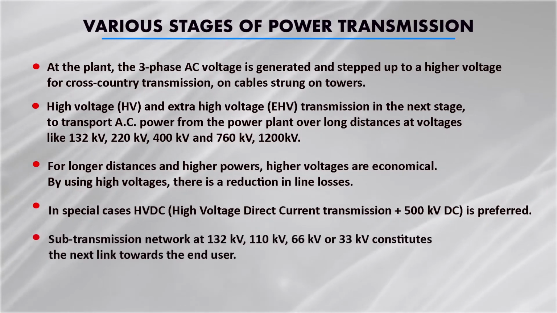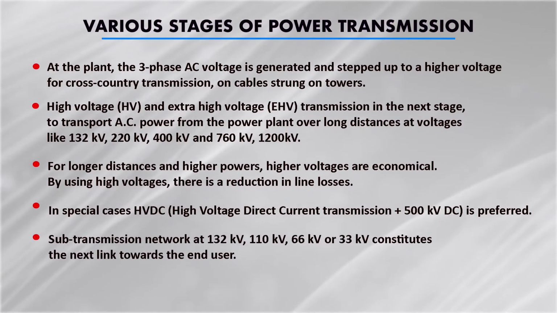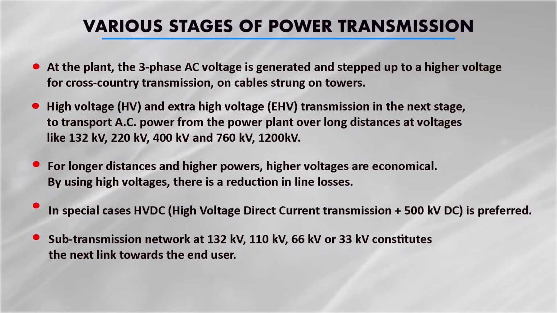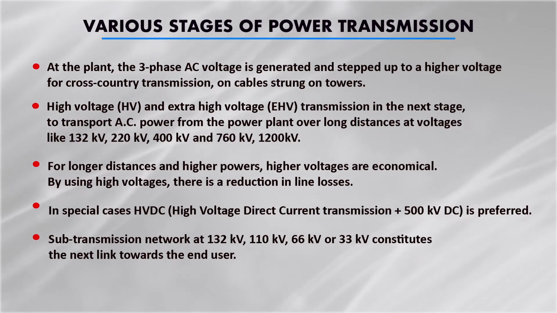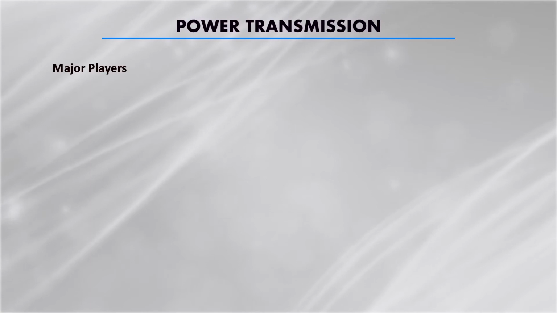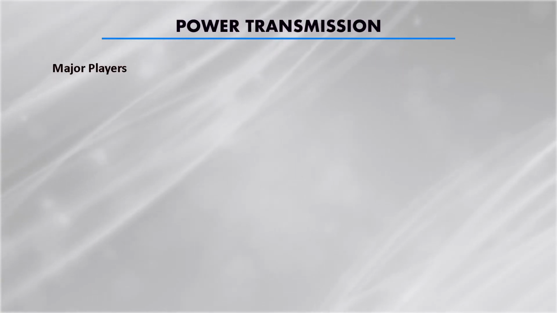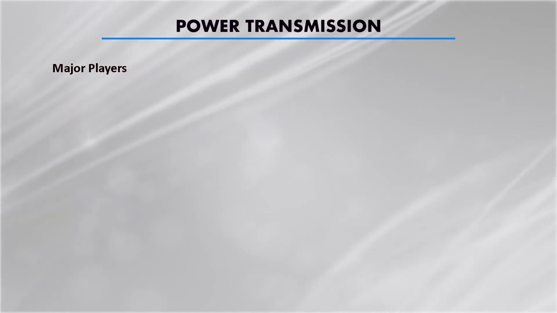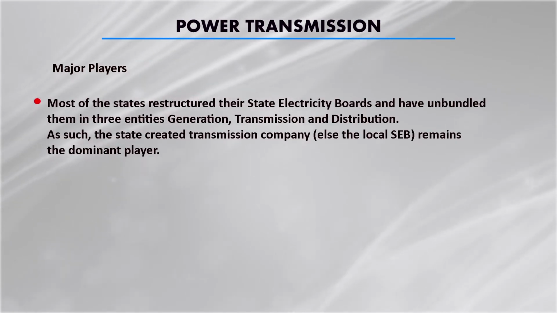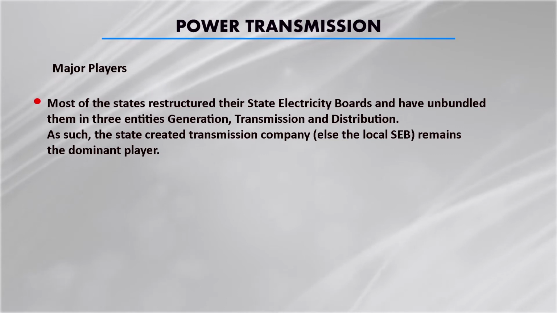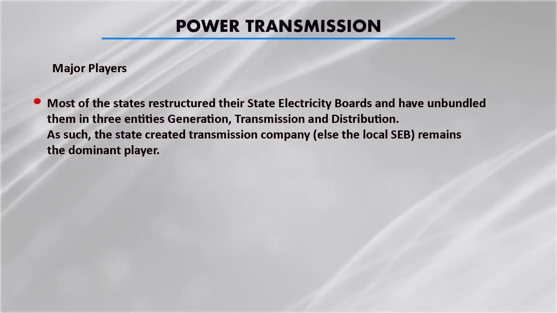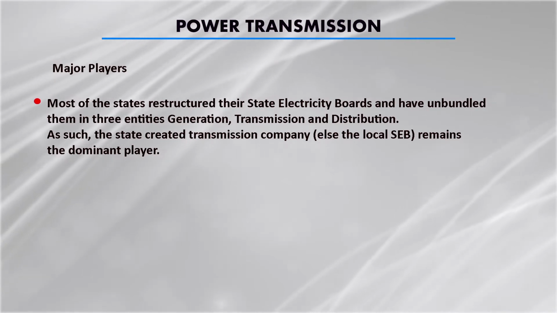Sub-transmission networks at 132 kV, 110 kV, 66 kV or 33 kV constitute the next link towards the end user. Some major players in power transmission: most of the states have reconstructed their state electricity boards and unbundled them into 3 entities: generation, transmission and distribution.